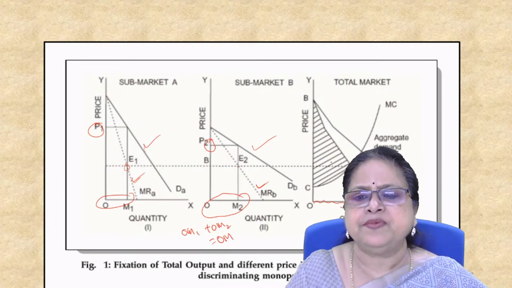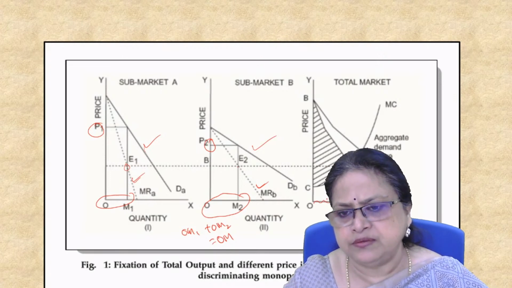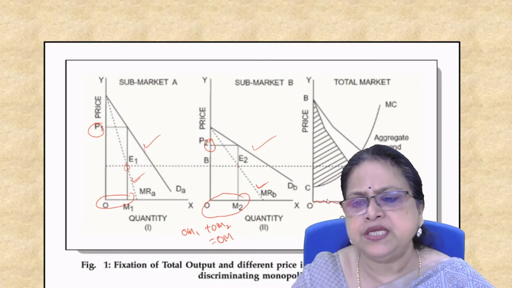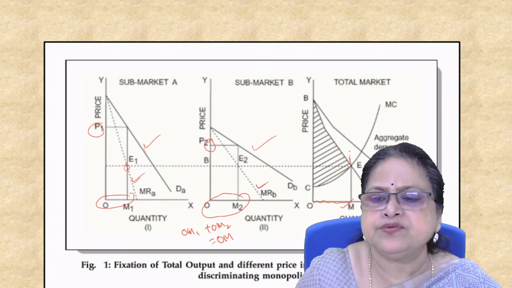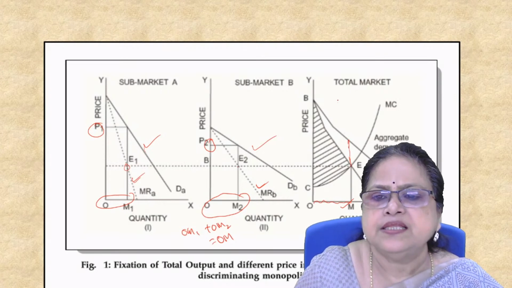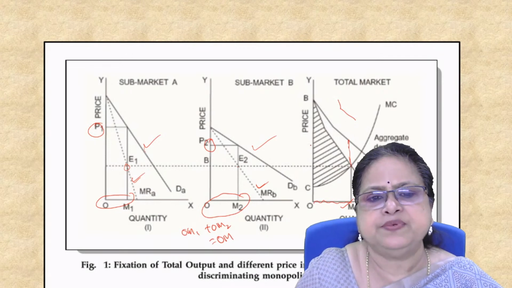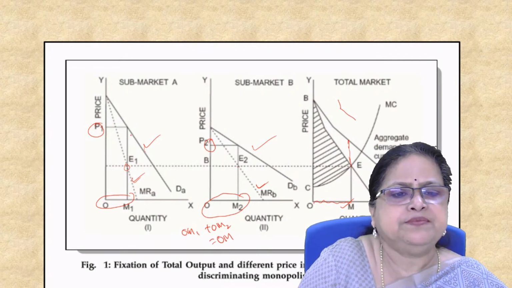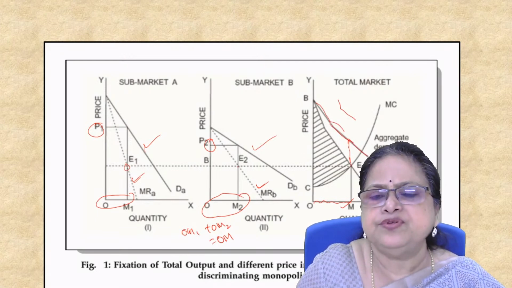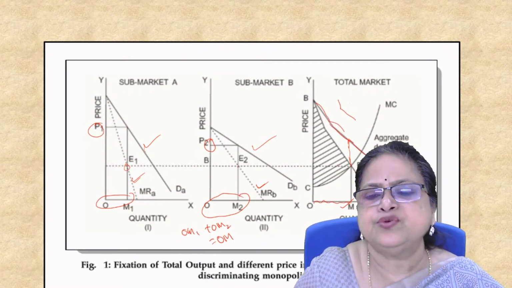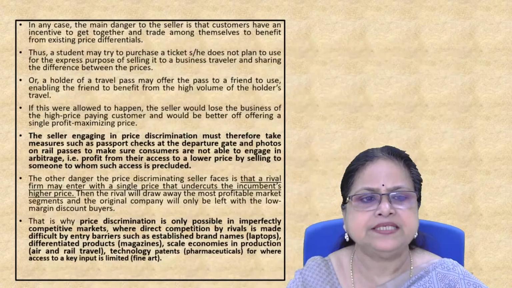This is the equilibrium condition, where MR is equal to MC, and this will be the price. Look at this MR and AR, becoming like this because average revenue is also joined here. So this is the idea about third degree price discrimination in sub-markets.